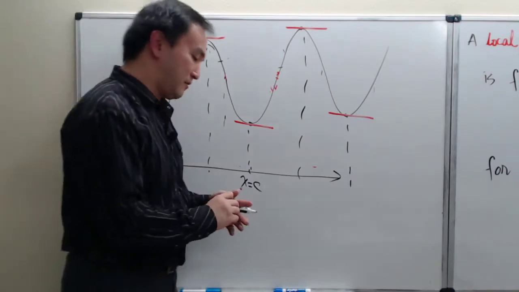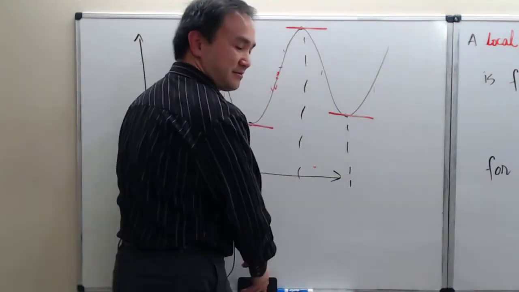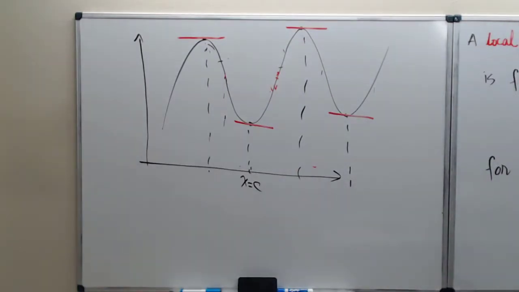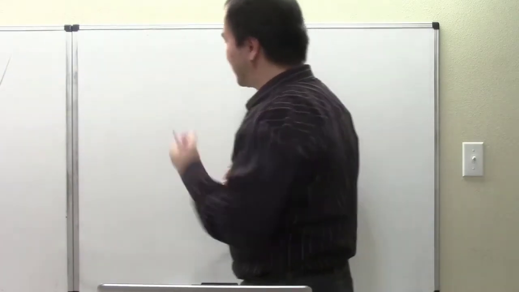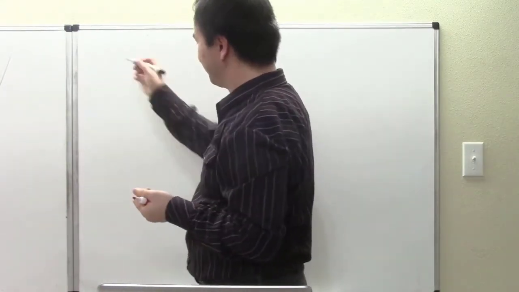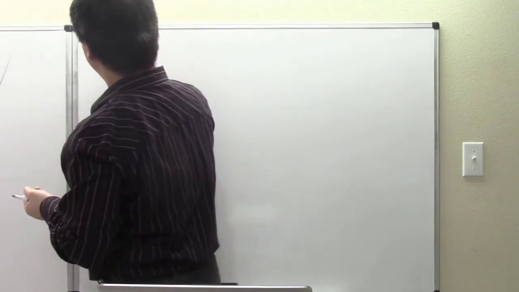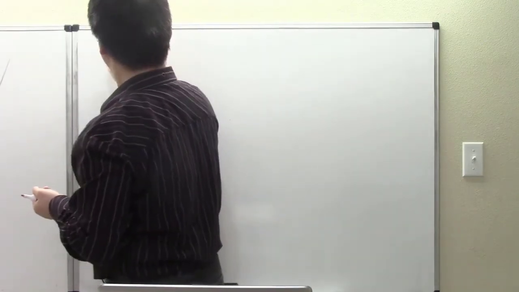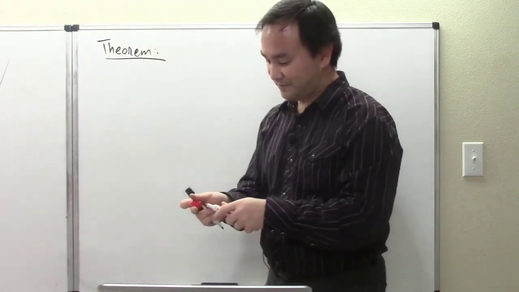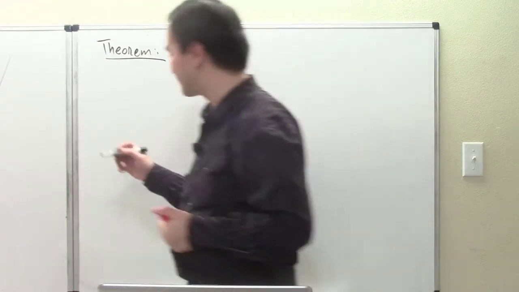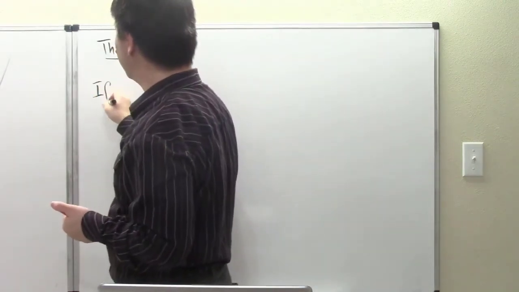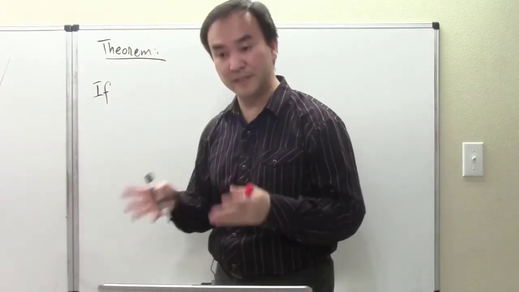All right, so now after having some clear understanding, we have a theorem. So this is what the theorem is stating. A theorem is a proven truth.